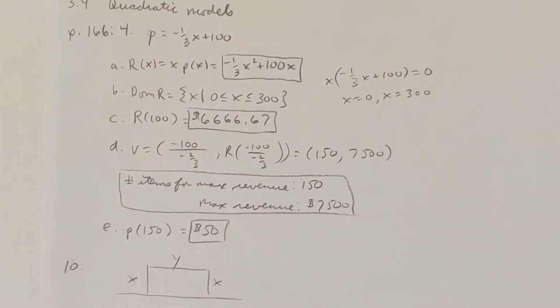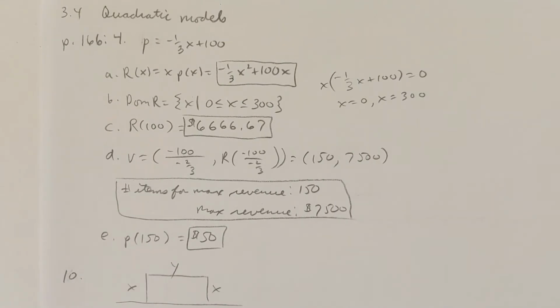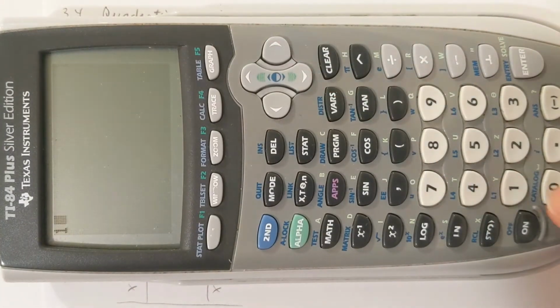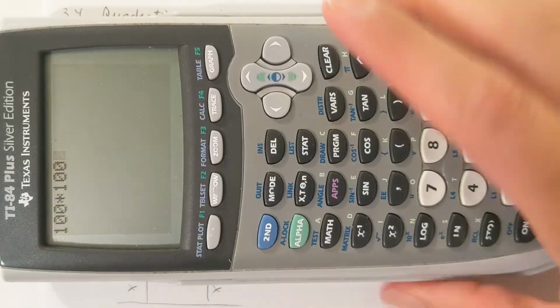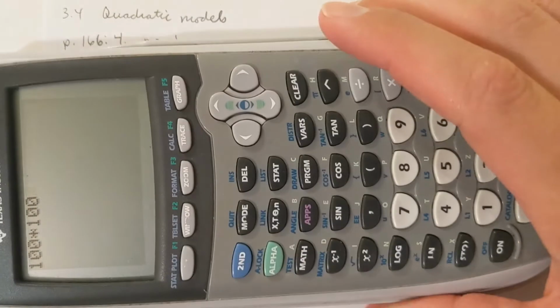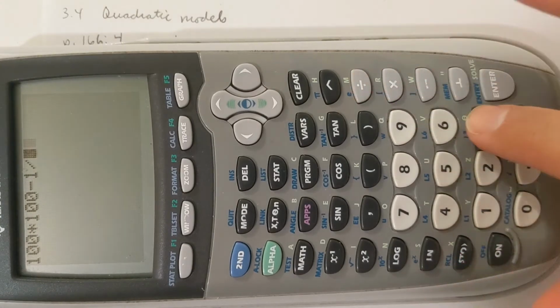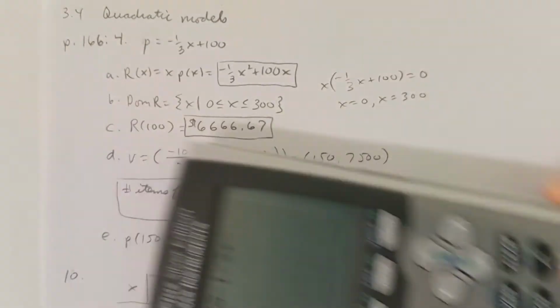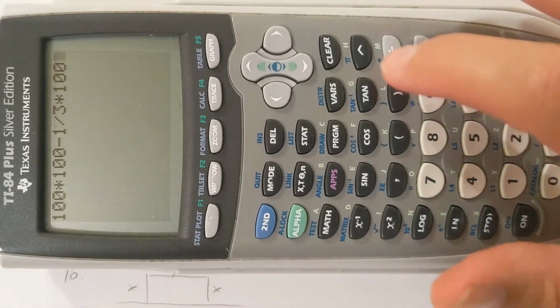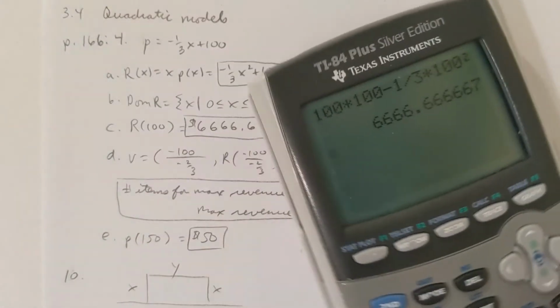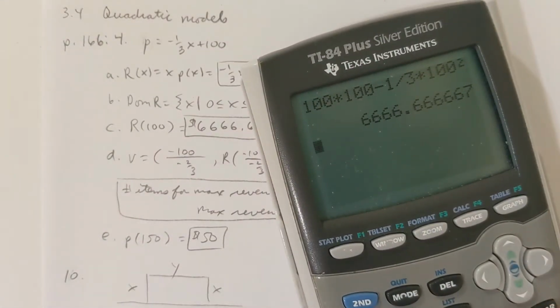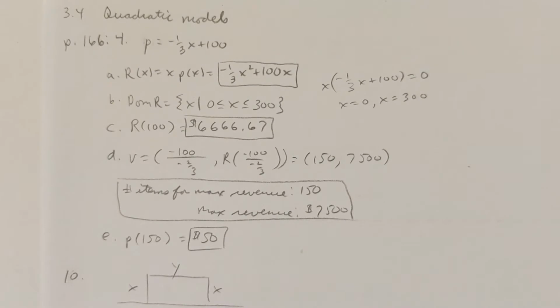Okay, so R of 100 is, let's see here, 100 times 100 minus 1/3 times 100 squared is 6,666.67. That is the revenue.